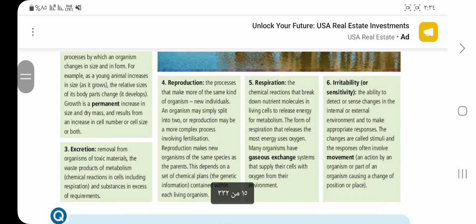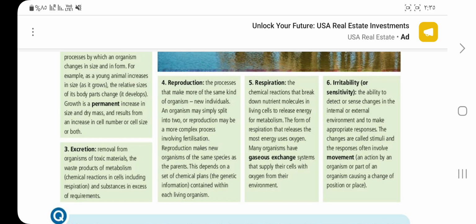Okay, the fifth process is respiration. Respiration is a chemical reaction that breaks down nutrient molecules in living cells to release energy. For what? For metabolism.